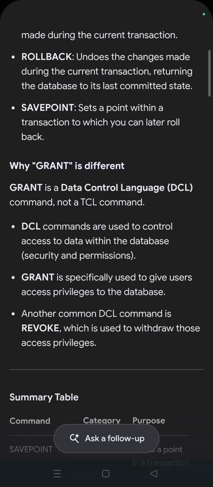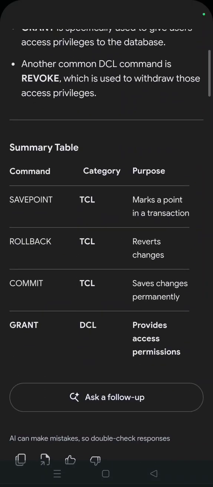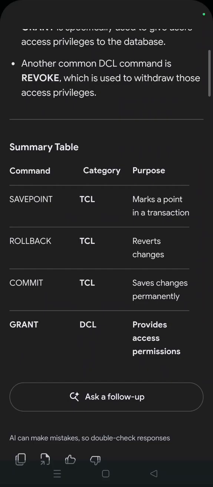Another common DCL command is revoke, which is used to withdraw those access privileges. Summary table: command, category, purpose. Savepoint, TCL, marks a point in a transaction. Rollback, TCL, reverts changes. Commit, TCL, saves changes permanently. Grant, DCL, provides access permission.